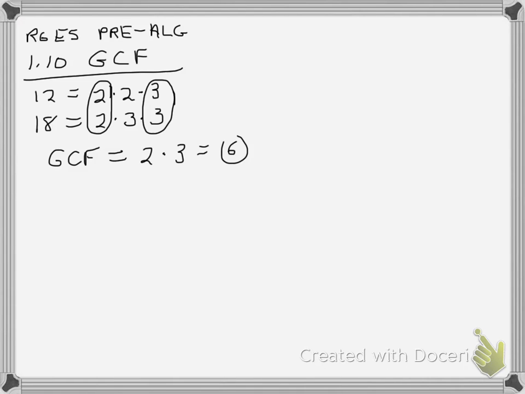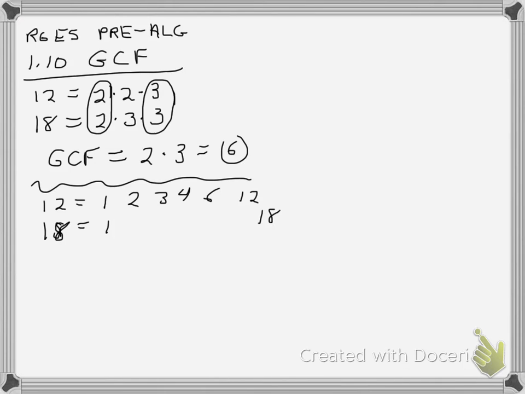Now recall that before, what had you done? You had said 12 equals 1 times 12, and 2 times 6, and 3 times 4. 18 equals 1 times 18, and 2 times 9, and 3 times 6, but I would not repeat the 3.